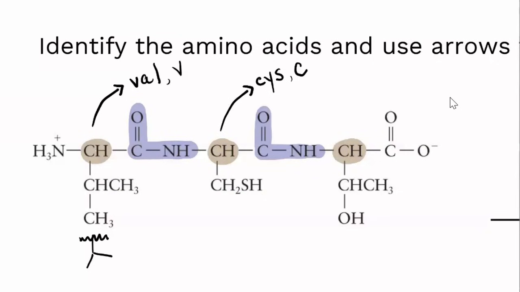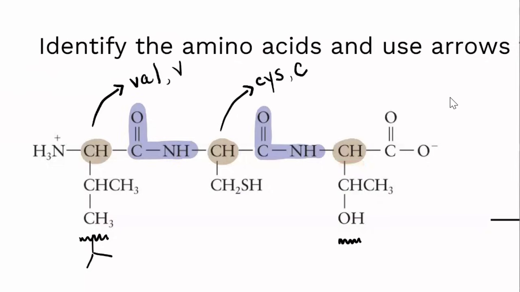Next, I have a side chain that looks specifically like a CH connected to a CH3 connected to an OH. Let me write it in skeletal form. Remember, the squiggly line basically is this area.